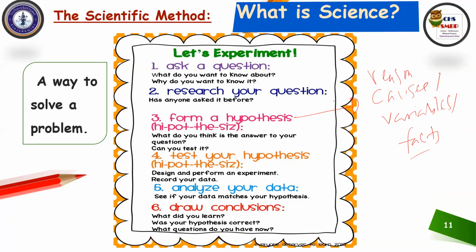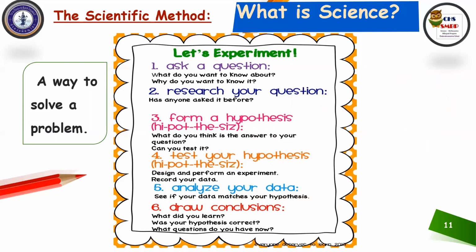So based on reasons, causes, or variables, you will be able to form a hypothesis. What is a hypothesis? It's an educated guess about the problem, so that you can conduct an experiment to test your hypothesis, whether the hypothesis is right or wrong.